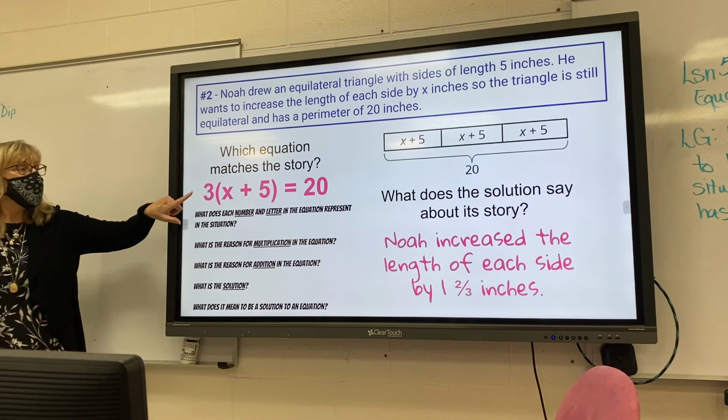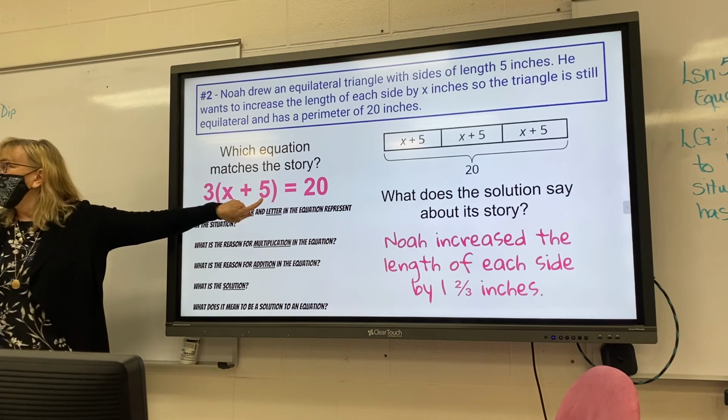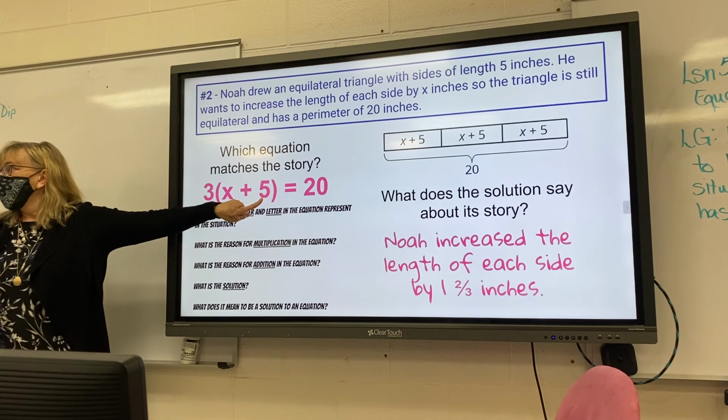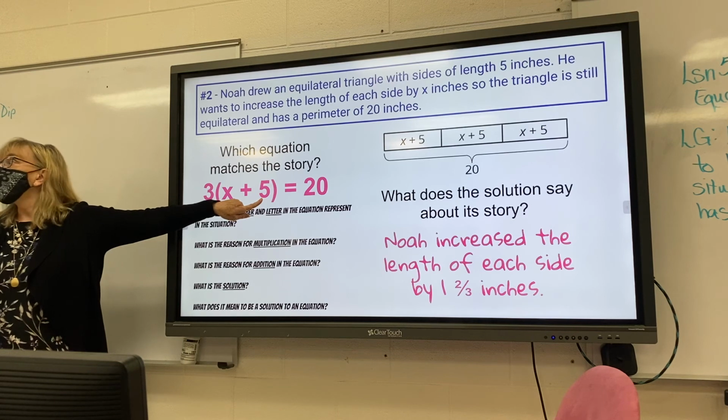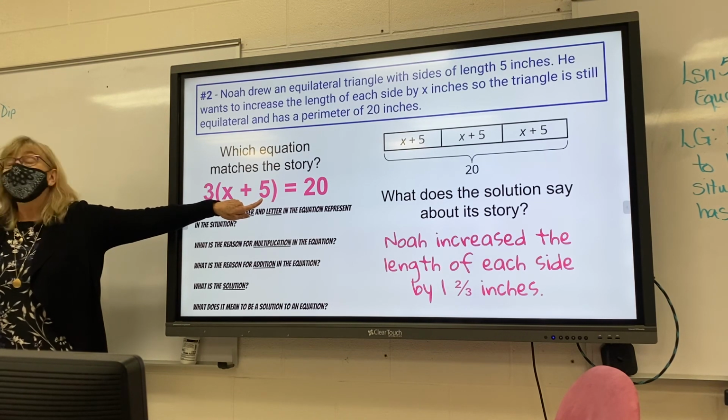Good. Samantha, why do we have 5? That was the original length or the new length? That was the original length.